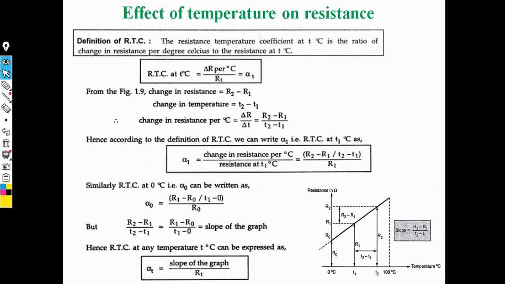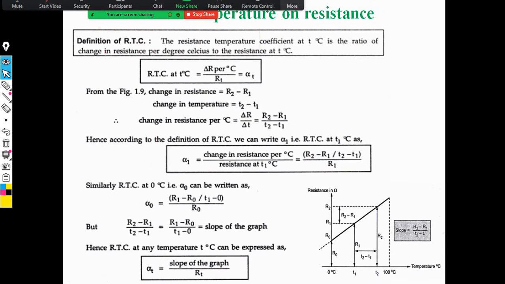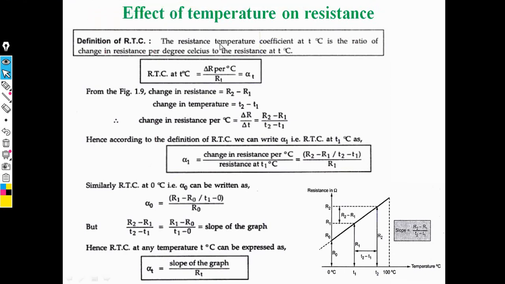Okay, so the RTC is defined as the resistance temperature coefficient at temperature T degree Celsius, the ratio of change in resistance per degree Celsius to the resistance at T degree Celsius. That is RTC at T degree Celsius equals change in resistance per degree Celsius upon RT, the resistance at temperature T, where T indicates temperature, and alpha is the symbol of RTC, the resistance temperature coefficient.